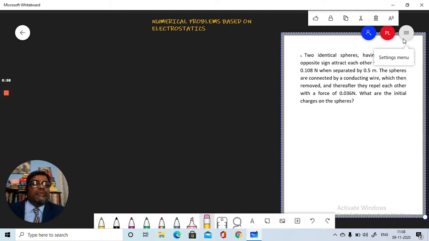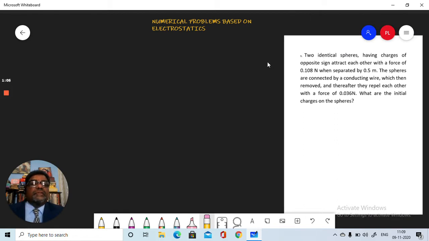Here it says two identical spheres having charges of opposite sign that attract each other.